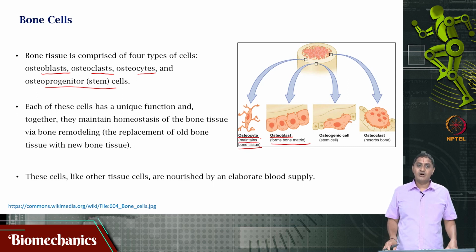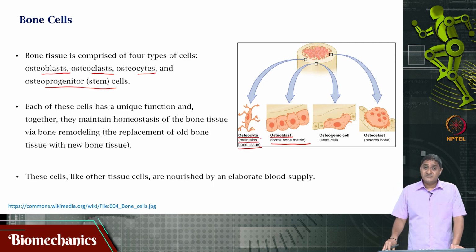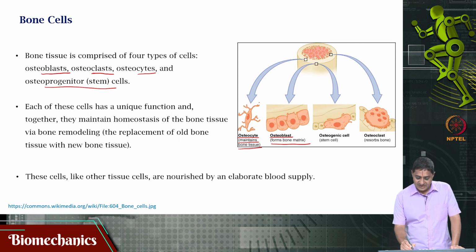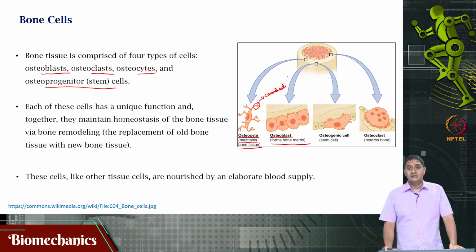They may have a long life, like 20 or 25 years. Osteocytes also communicate with other cells by the branches that they have, called canaliculi, special communication channels through which they communicate with other cells.